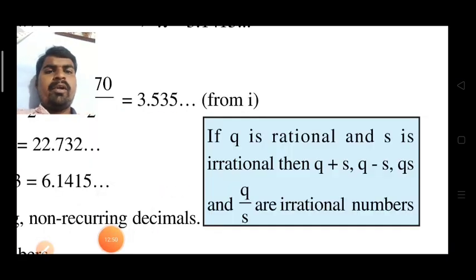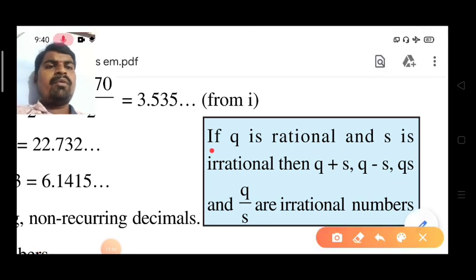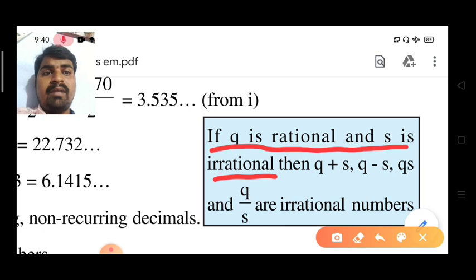Here the very important point is: if Q is a rational and S is an irrational, observe carefully. It means you take any rational number Q and any irrational number S. Q plus S is rational plus irrational.